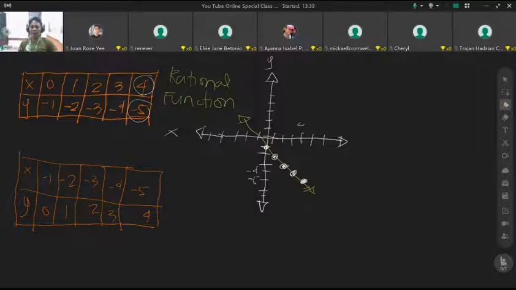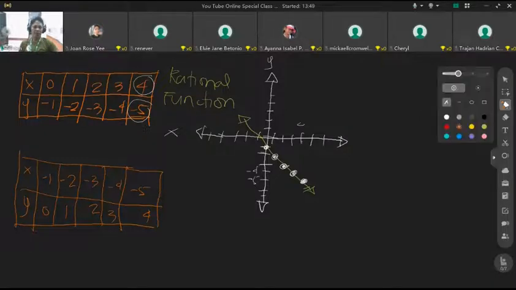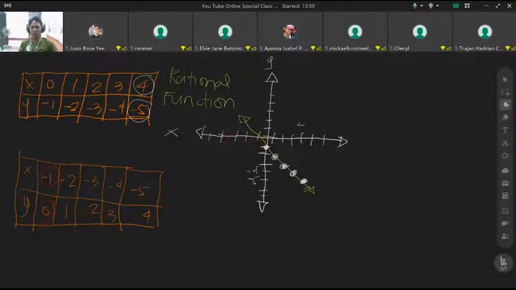If our x is negative 1, our y is 0. Change to red. If our x is negative 1, our y is 0. Here. If our x is negative 2, our y is positive 1. It's located here.